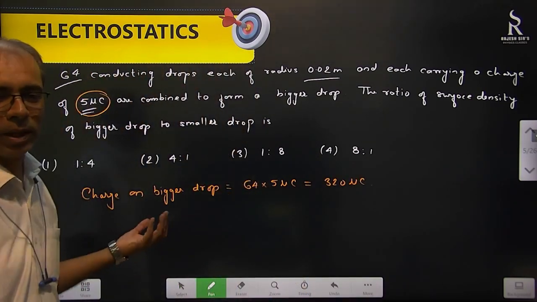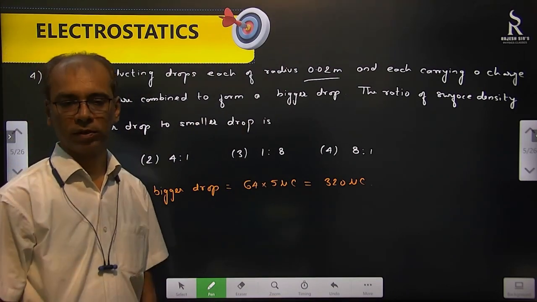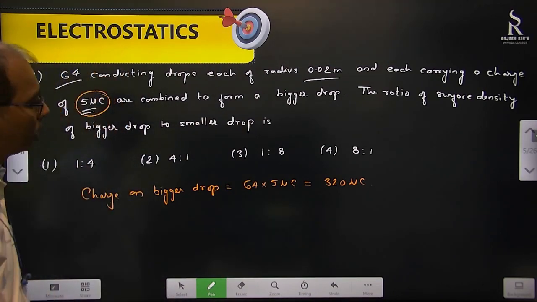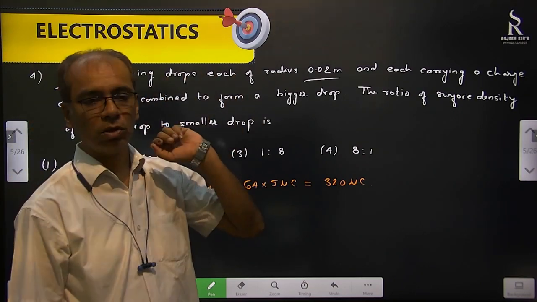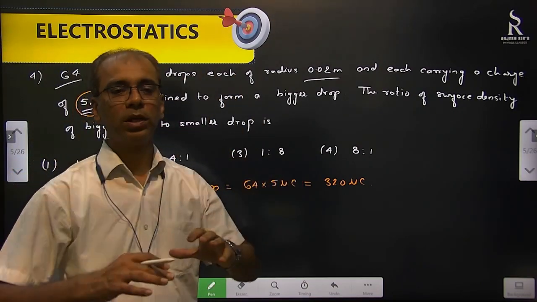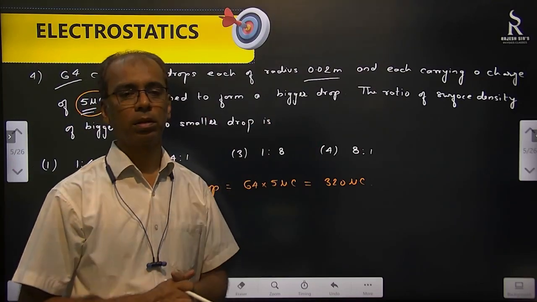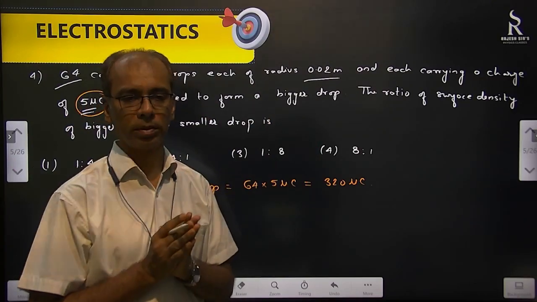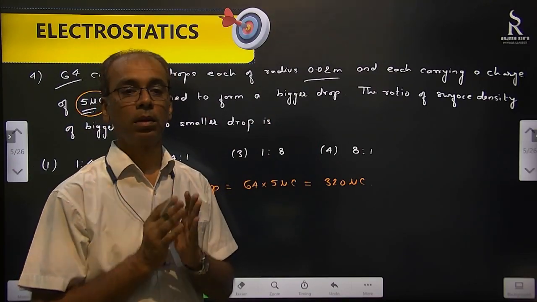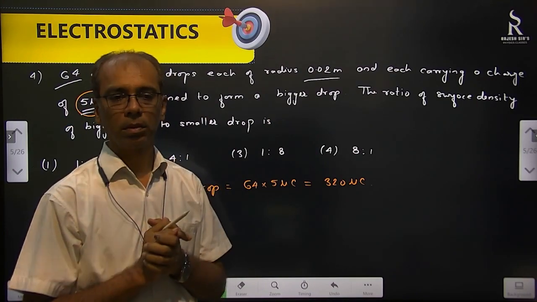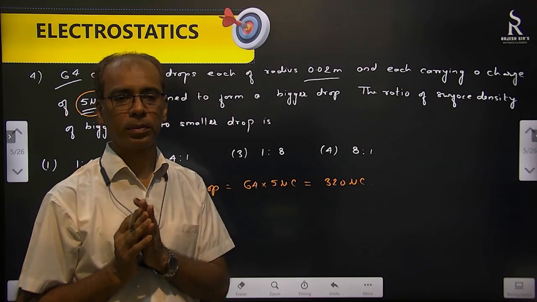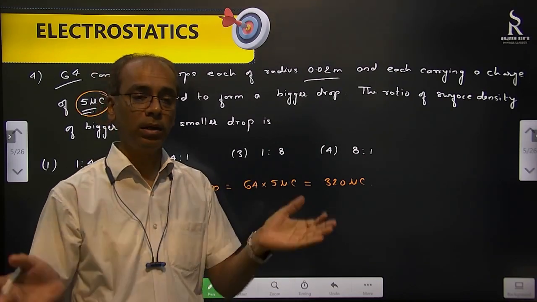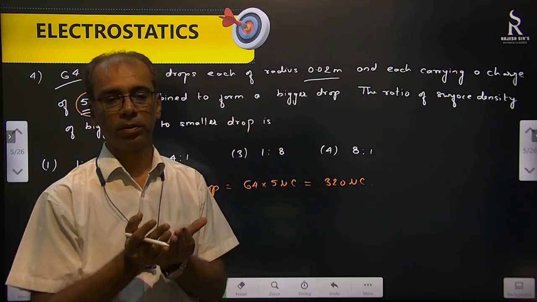If you don't multiply also, it's not going to make any difference. Okay. So 320 microcoulomb. Then each one, the radius is 0.02. So each one is coming together and making a bigger drop. Now how to find the radius of the bigger drop? Volume. Okay. Volume of each small drop will be added and will be forming a bigger drop.